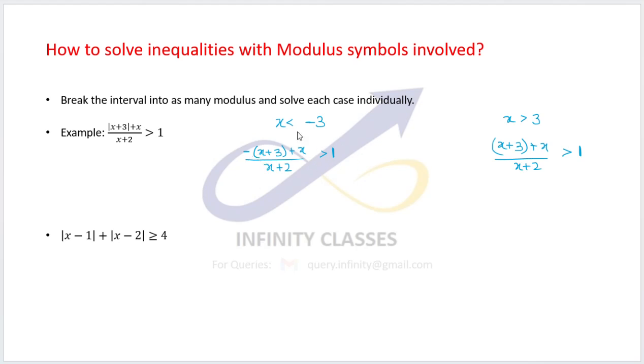I'm not getting involved in the solution of these inequalities altogether, but I'm more focused on how to remove the modulus sign in general. So basically, you will get some values of x from here, and you will get some values of x from here. Take the intersection of these values with these values.